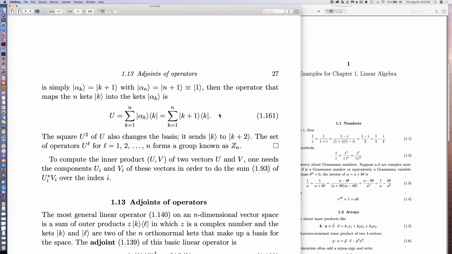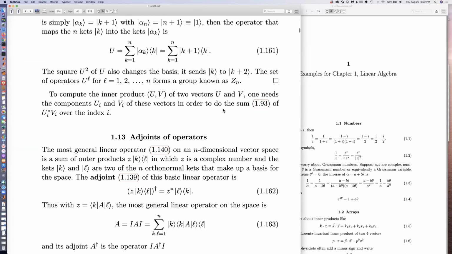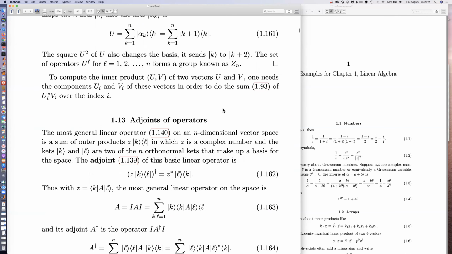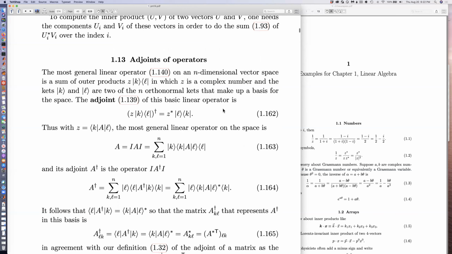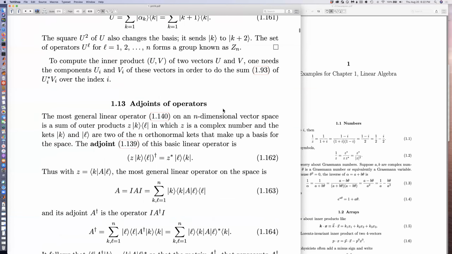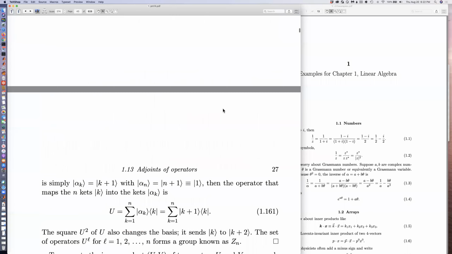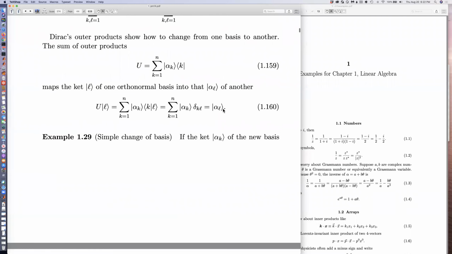Feel free to read about that as you like. But this gets back to a question that was asked before, namely about unitary operators.